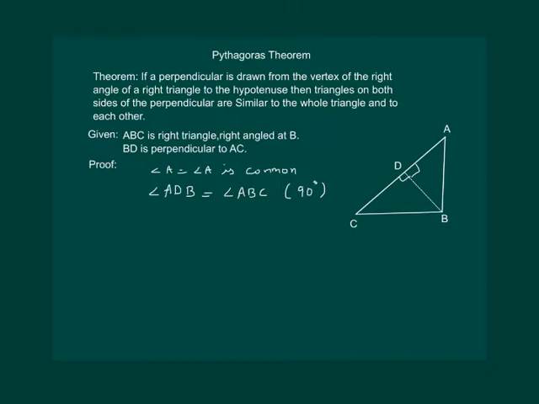But how will we write the names of the triangles so that CPCT should apply?